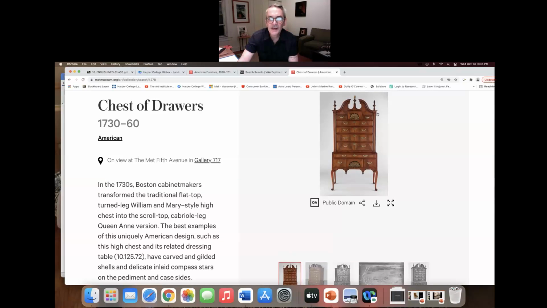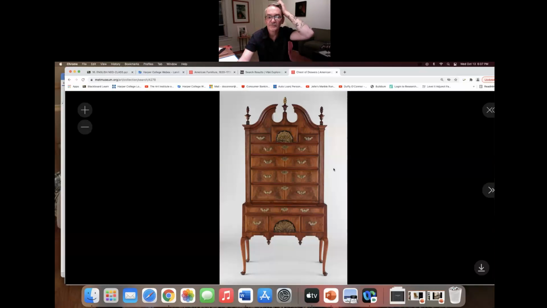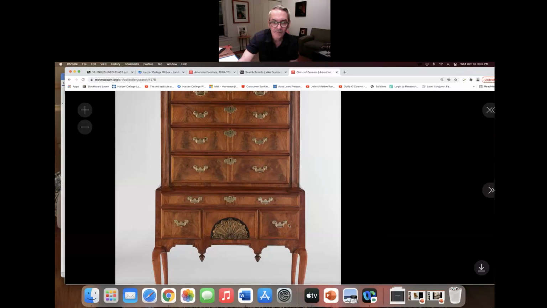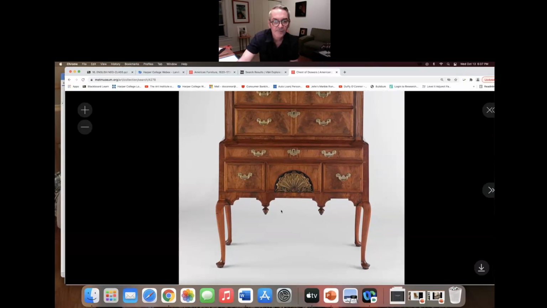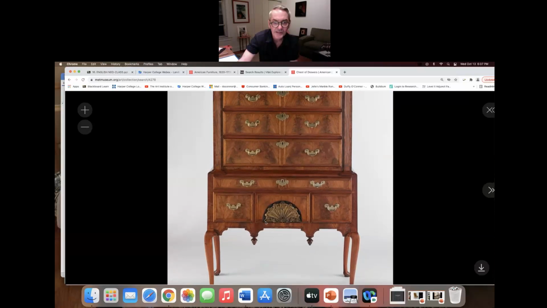So the scroll top, which is a broken pediment, okay, so you can see here it has this same leg, the cabriole leg with the pad foot. Right there. Shell motif.